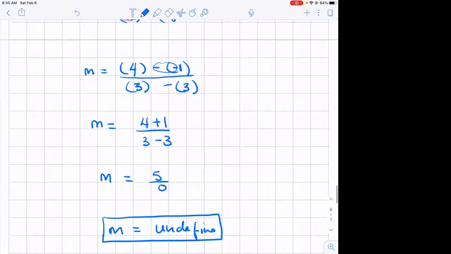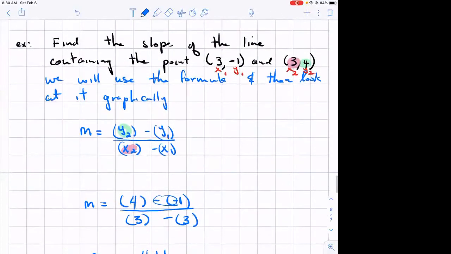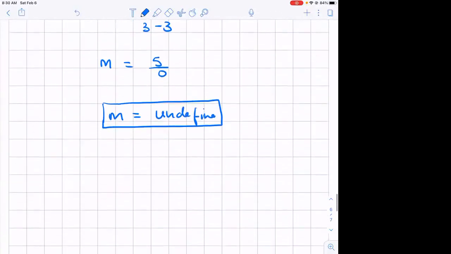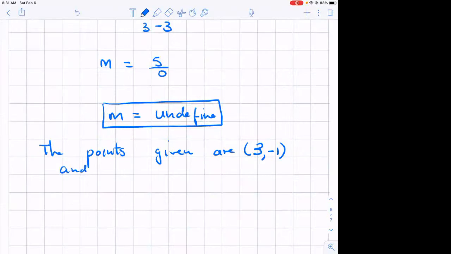Now, observe with the 2 points given, 3 comma minus 1 and 3 comma 4, please note that the x values were the same.